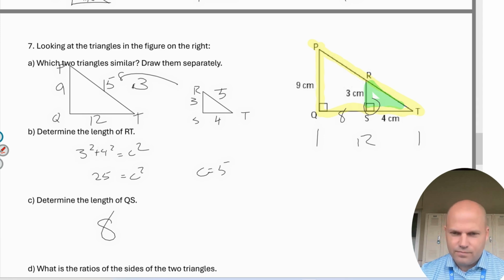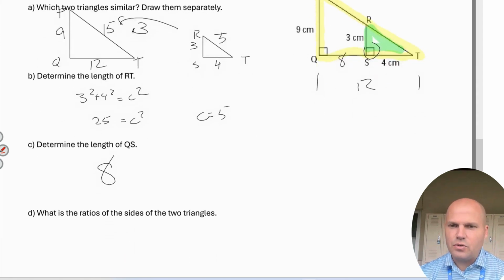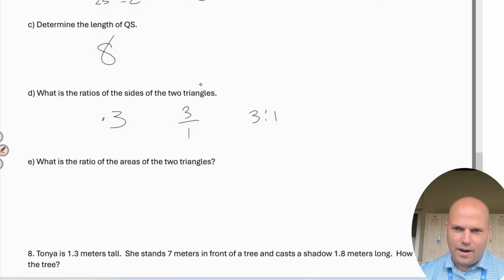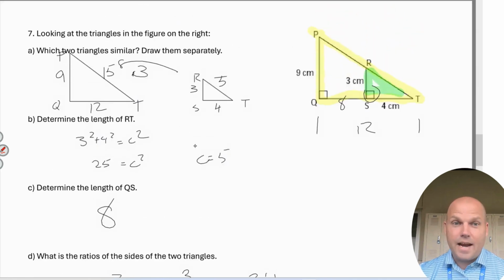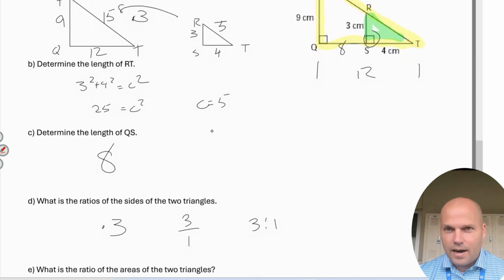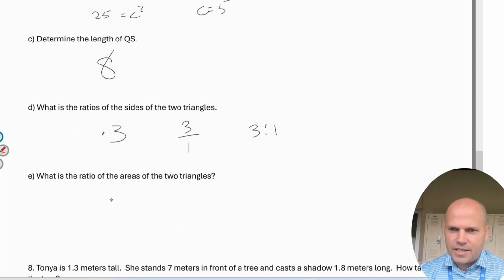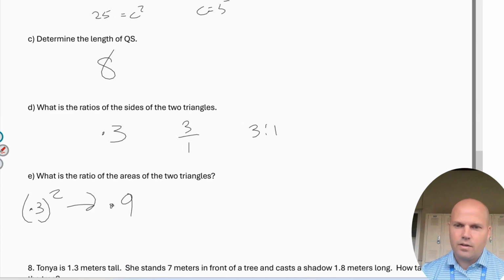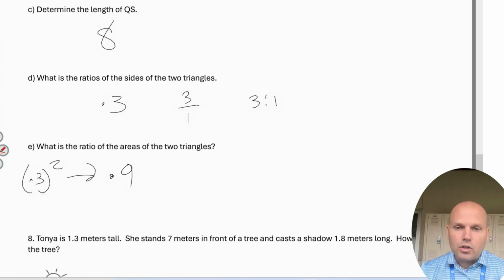There's other ways to do it. What's the ratio of the two sides of the triangles? Times 3, 3 to 1, whatever you want. What about the areas? Aha, areas. You know that it's going to be times 9 because it's the scale factor squared. Could you double check this?